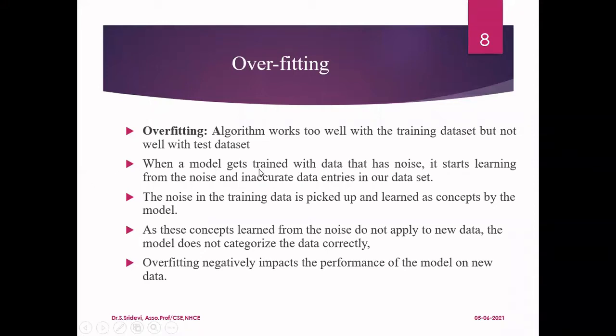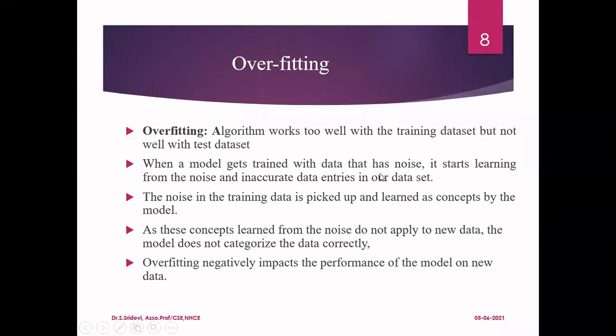So when the model gets trained with data that has noise, the model is going to learn the features from the noise, which are nothing but incorrect data entries we make during our data entry operation. Like what I told you now, instead of entering the mark as 90, I am entering the mark as 900. So it is wrongly learning the concept from the 900 data. 900 is a wrong concept, but the model is learning only from that.